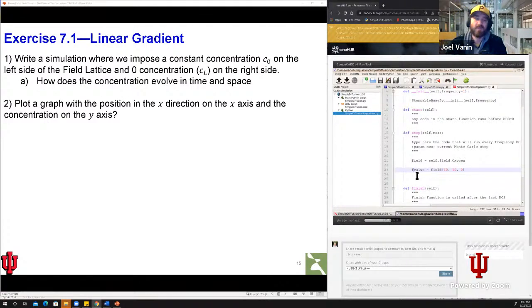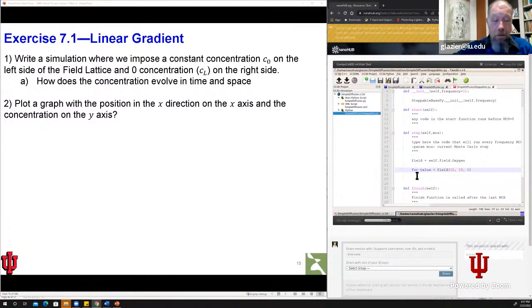Oh, I see. Makes sense. For x in range 0, comma, x. I always get it wrong. Dimension self.dim.x.